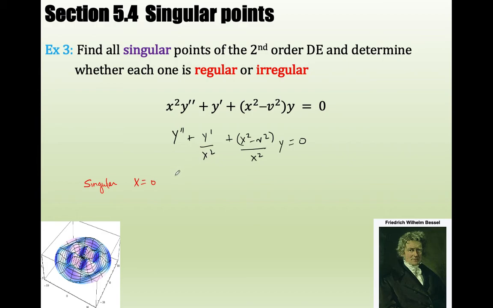If I just skip my limit work, you're looking for the factor x minus 0 to the n in front of y prime. I have nothing to simplify, so this is bad news for me. What is n in your denominator here in front of y prime? n equals 2. So 0 is an irregular singular point. That's all there is to that.